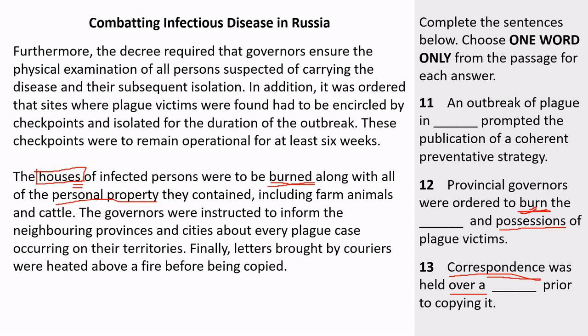Then the last phrase, prior to copying it. Copying is a good keyword there because it's pretty unique, and so the keywords I underlined there are correspondence, over, and copying. So let's go back to our passage, see if you can find correspondence, over, or copying, or something that means the same thing as those words.